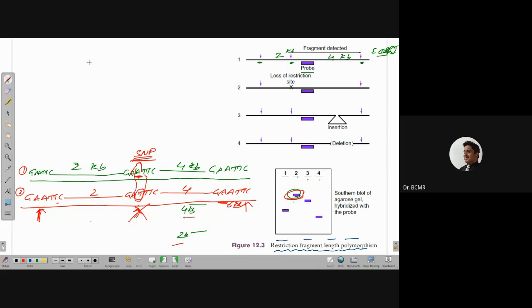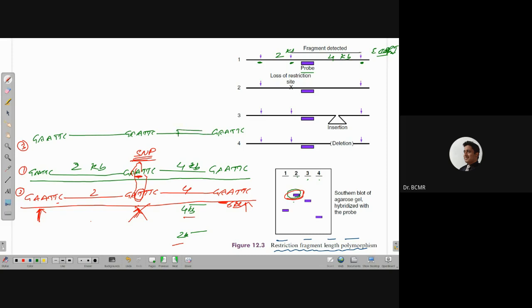But we can also take sample 3. In sample 3, we have everything the same: GAA TTC, GAA TTC, and another GAA TTC. But there is something different.